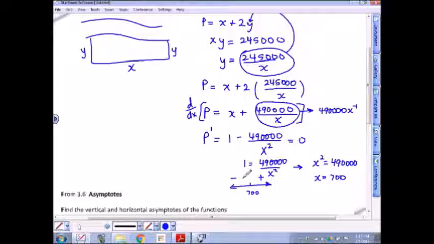So we have a decreasing interval to an increasing interval. That means that 700, according to the first derivative test, is actually a minimum. And that's what we wanted. We wanted to find a minimum. So x equals 700.